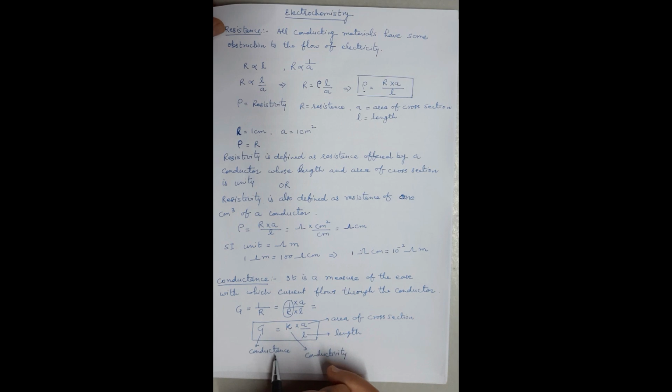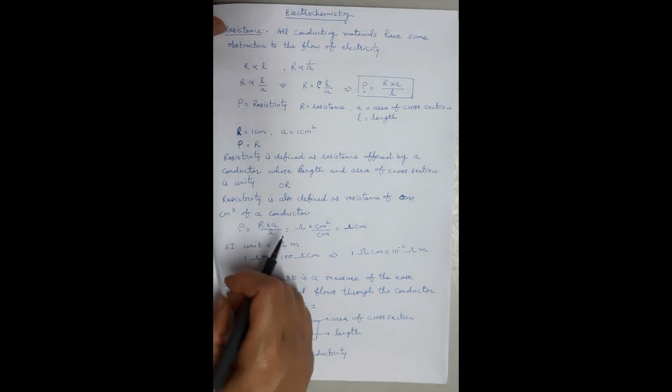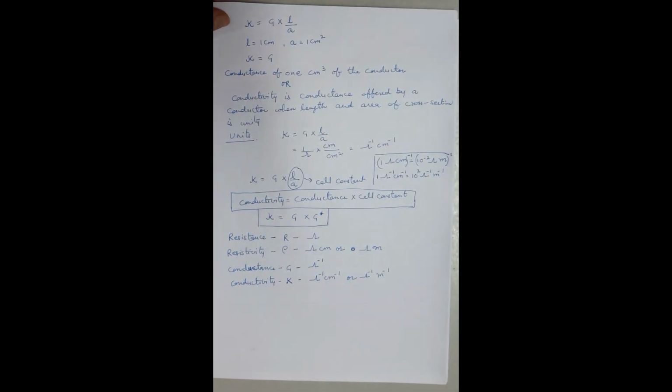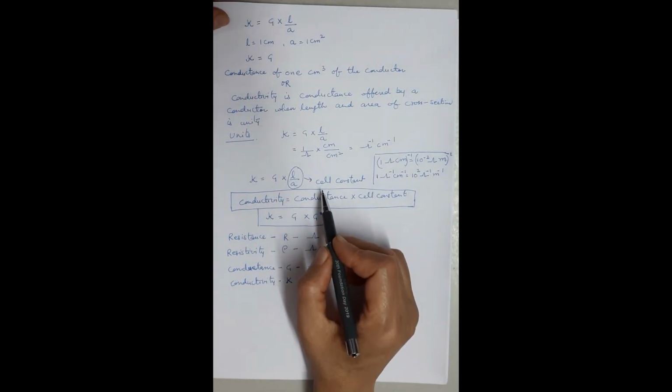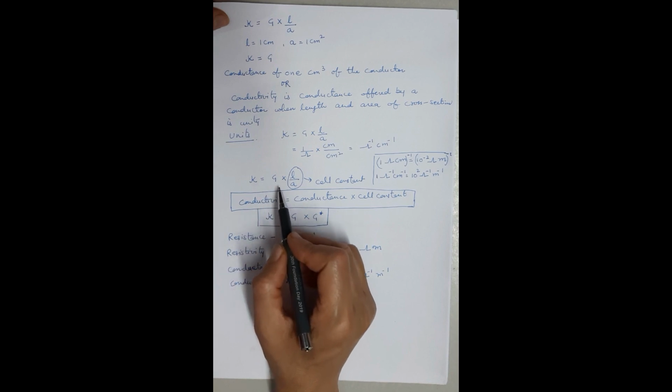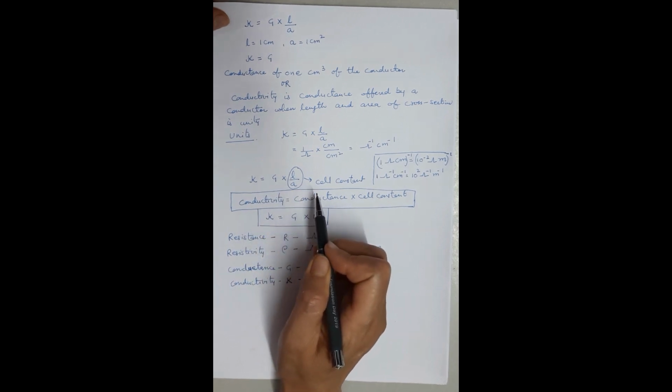So the formula here is conductance is equal to conductivity into A by L. Then we also know that L by A is cell constant. So conductivity is equal to conductance into cell constant.